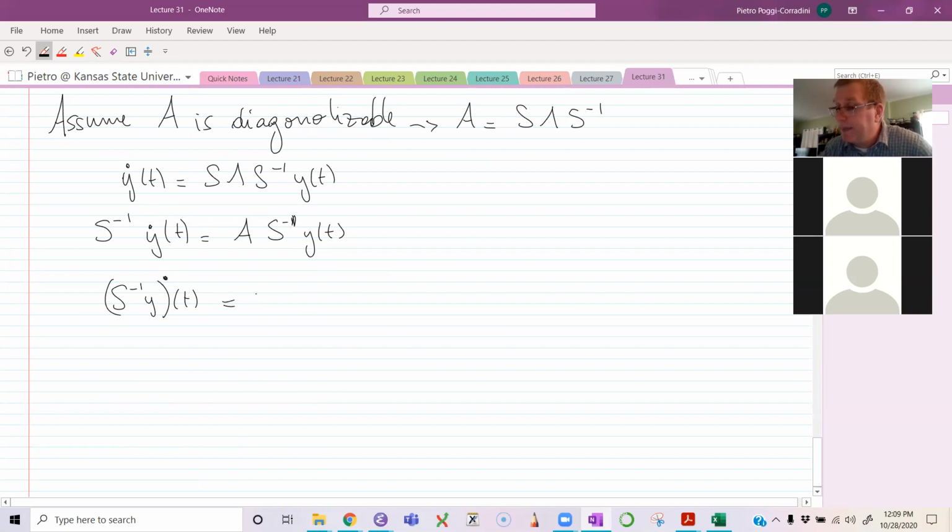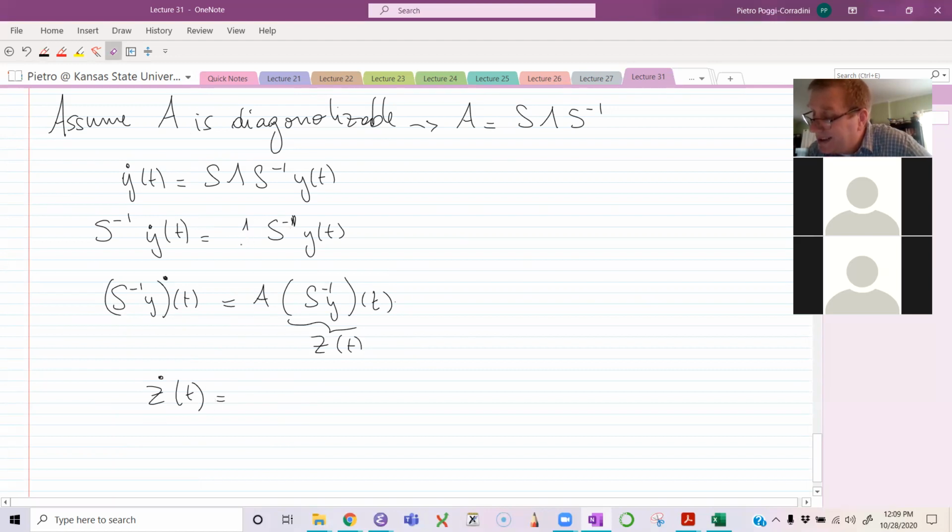And if you call this, say, z of t, then z dot of t, sorry, that's not an A now. This is a lambda. So lambda z of t.